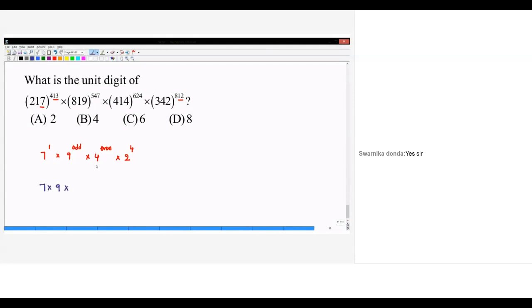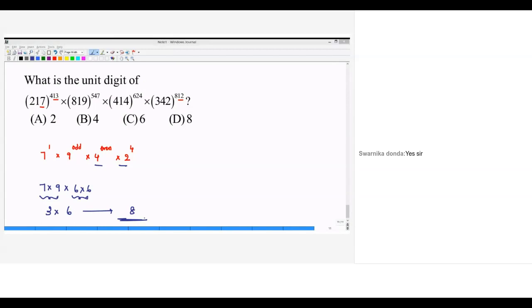Ends with 6, 6. 3, 6. Therefore, ends with 8. Hope you understand that.